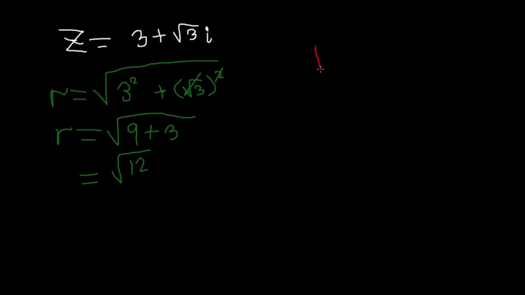Remember, polar form of a complex number is r times cosine theta plus i sine theta. So we know our r is square root of 12.